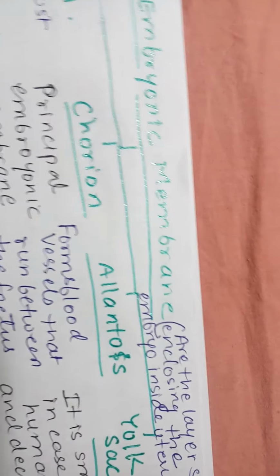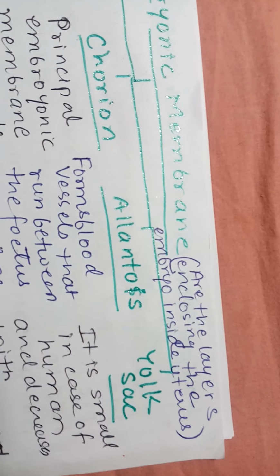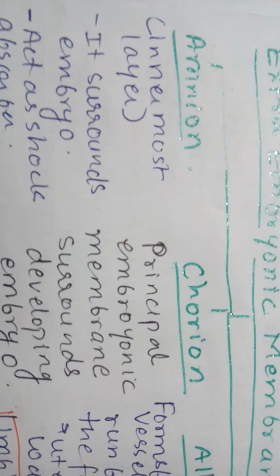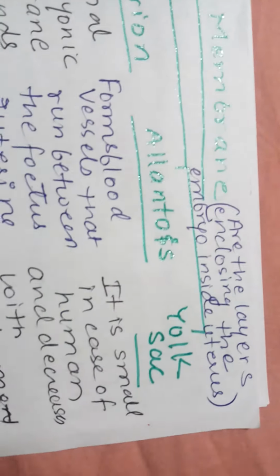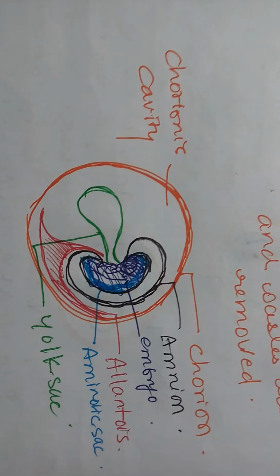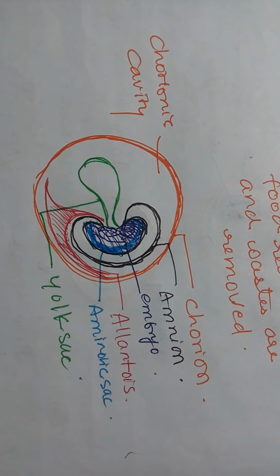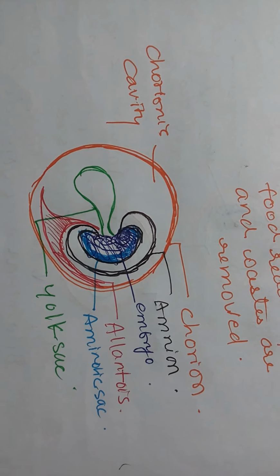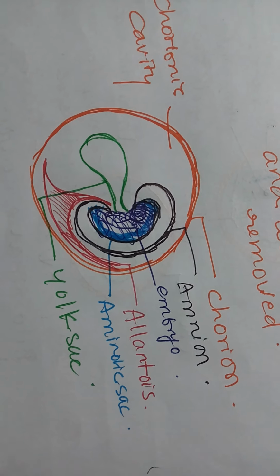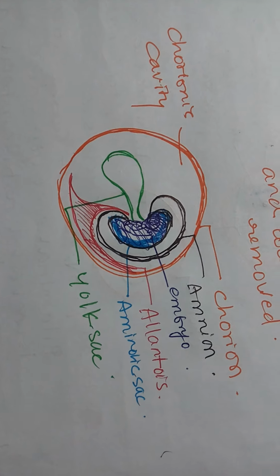Now let's talk about the extraembryonic membranes. These are the layers enclosing the embryo inside the uterus. So there are basically 4 extraembryonic membranes: amnion, chorion, allantois, and yolk sac. First you look at the diagram. Now if you look at the diagram, can you see the amnion which surrounds the embryo? The embryo is present inside the amniotic sac which is filled with fluid.